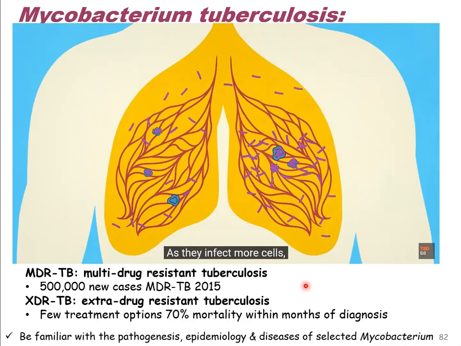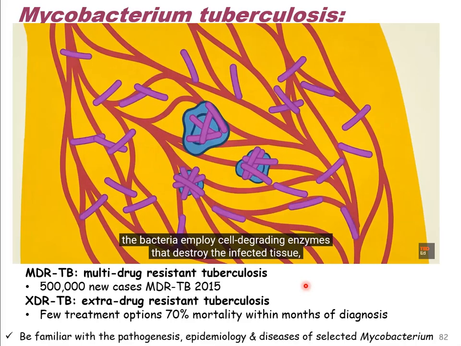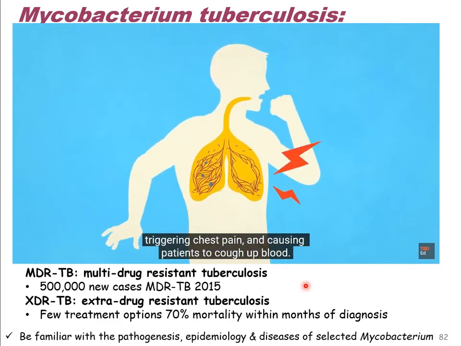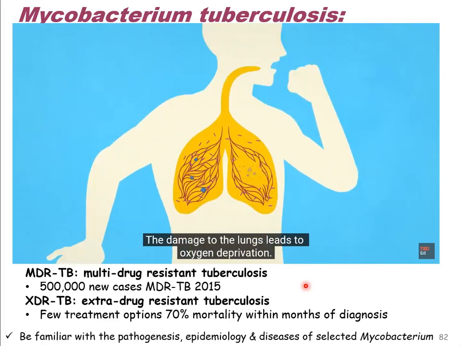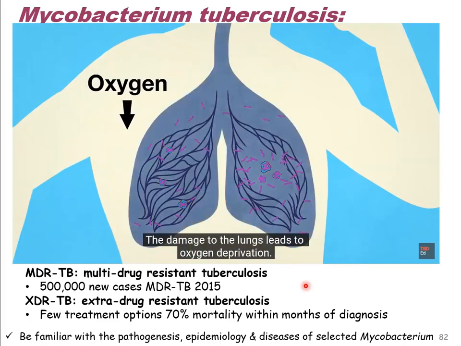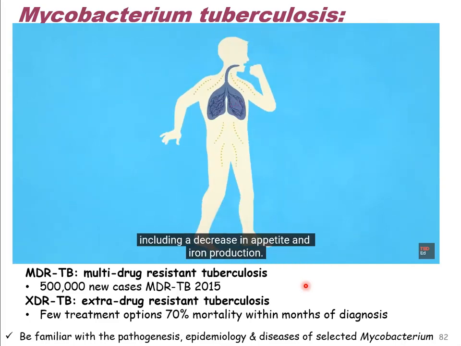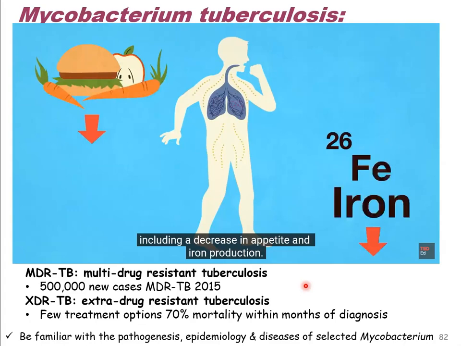As they infect more cells, the bacteria employ cell-degrading enzymes that destroy the infected tissue, triggering chest pain and causing patients to cough up blood. The damage to the lungs leads to oxygen deprivation. This begins a flood of hormonal changes, including a decrease in appetite and iron production.